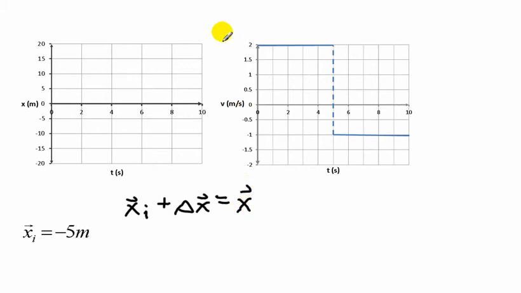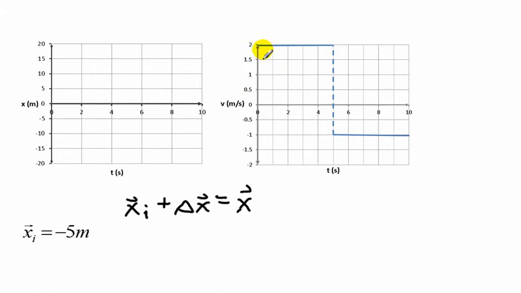So when we talk about area under a curve, a lot of students have confusion with what that means. What we mean is the distance from the horizontal axis to the position of the graph.